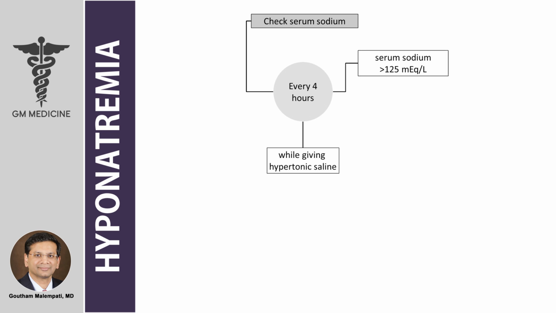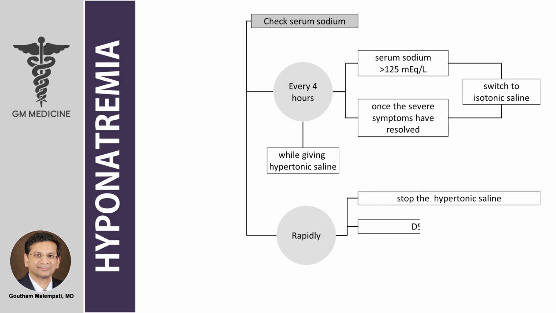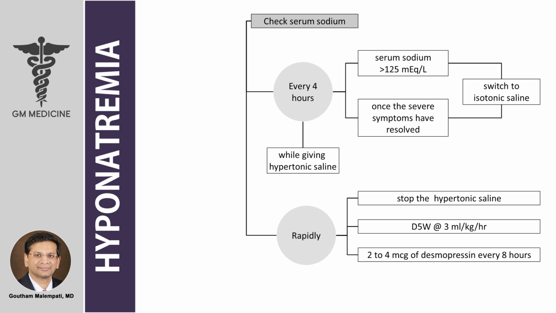Once the serum sodium is greater than 125 millimoles per liter, or once the severe symptoms have resolved, one should switch to isotonic saline. If the sodium correction has occurred rapidly, then one should stop the hypertonic saline and use D5W at 3 ml per kg per hour, or 2 to 4 micrograms of desmopressin IV or subcutaneous every 8 hours.